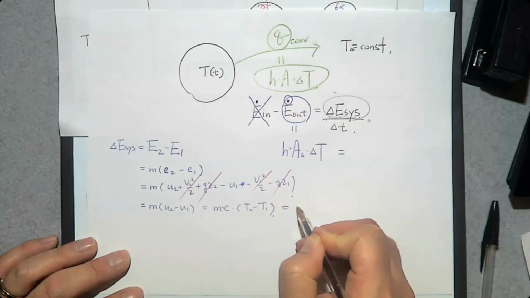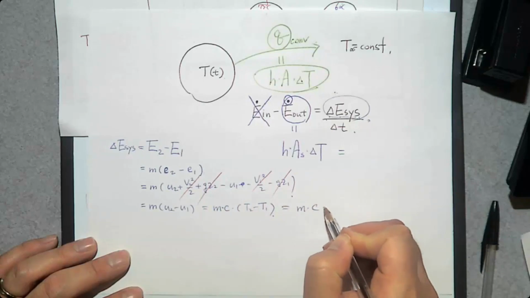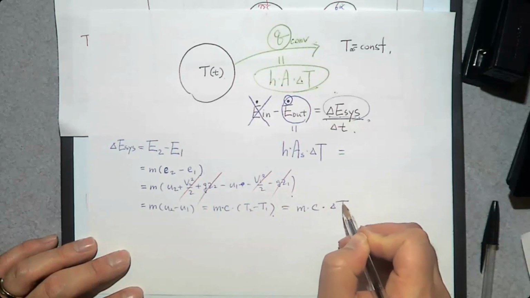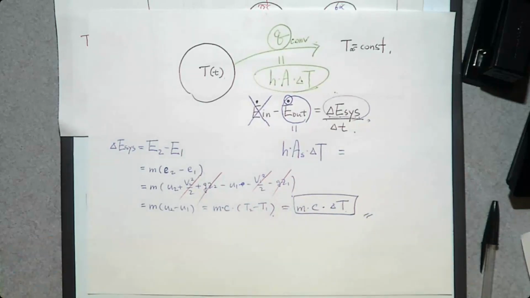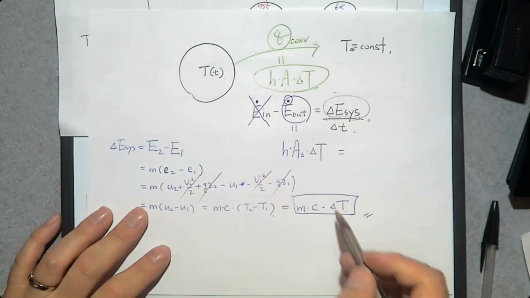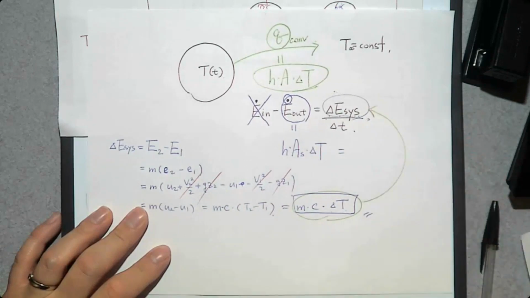In other words, mass times specific heat times delta T, the change in temperature. So that's how we determine delta E, the change in the energy of the system. So we can replace this one with mass times specific heat times delta T.